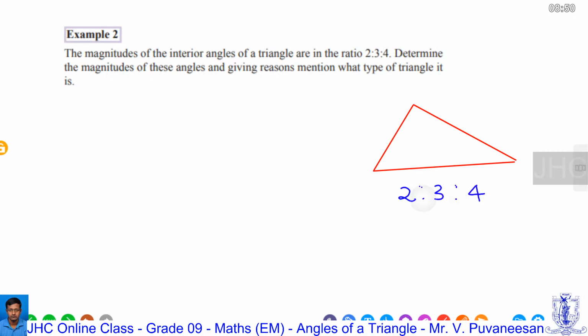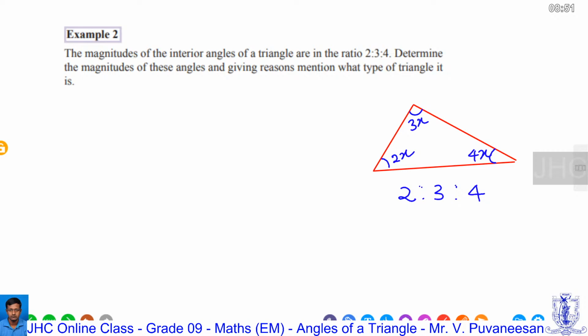If the ratio of the angles of a triangle, quadrilateral or exterior angles is given, we can write these angles as 2x, 3x, 4x. இப்போ நாங்கள் 2x, 3x, 4x என்ற ரேஷியோ போட்டோம்னா, அதை நாங்கள் சிம்பிளிஃபை பண்ண 2:3:4 வருமே, எக்ஸ் எல்லாம் கேன்சல் ஆகும். சரியா? அப்போ இந்த ரேஷியோவில் இருக்கும் மாதிரி, இந்த வேல்யூஸுக்கு ஏற்ற மாதிரி ட்ரையாங்கிள் இன்டீரியர் ஆங்கிள்ஸ் இருக்கும்.